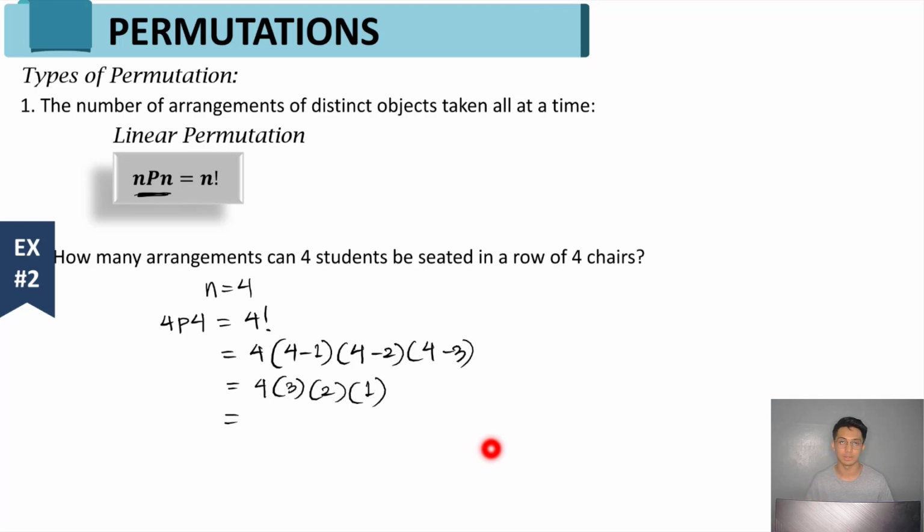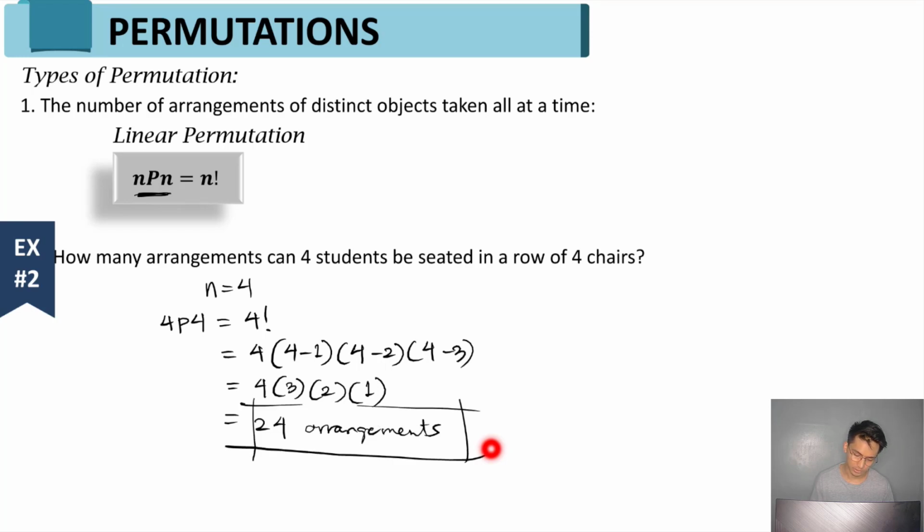But this is just a formal solution. 4 factorial is equal to 24 ways or arrangements. So, this is for example number 2. So, ganyan lang yung linear permutation. Taken all at a time. Yun ang note natin lagi. Taken all at a time for linear permutation.